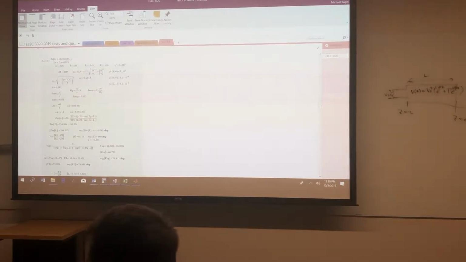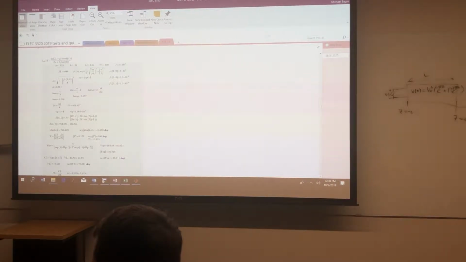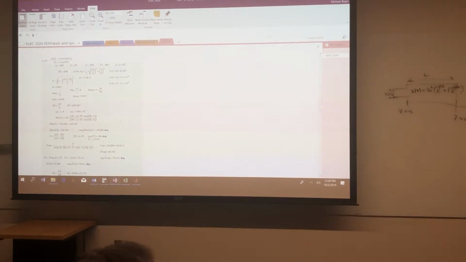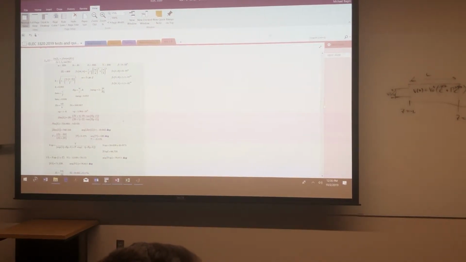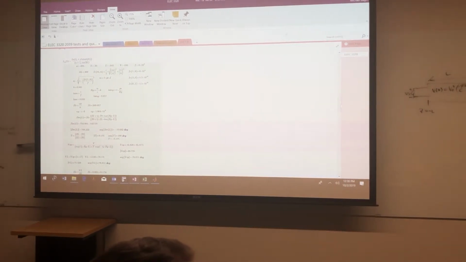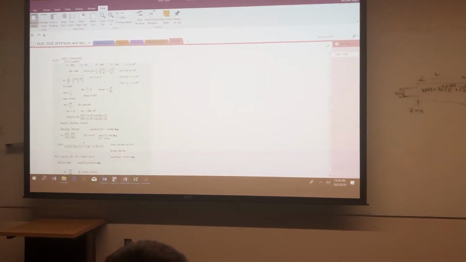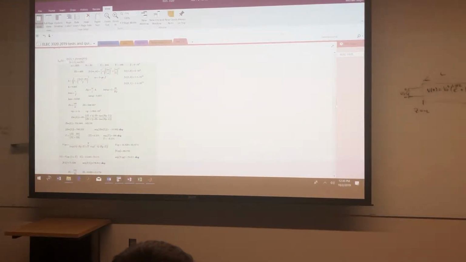Something else I'm going to say too. I don't know what it is, how you guys do this, but see, beta times L is in radians. And if your calculator's in degrees, you're in trouble. I work in radians almost all the time unless it says degrees and then I change it to radians. Now please, I don't know the mistakes that were made, but I'm smelling things like radian problems to degrees.